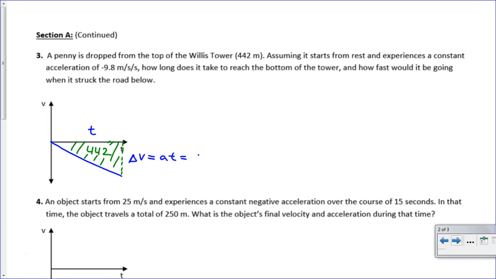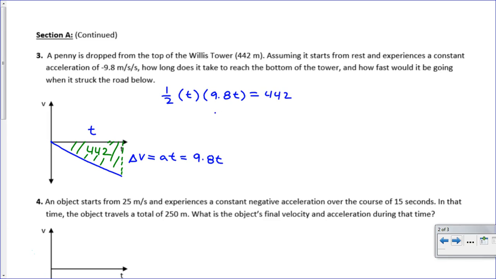And so we get 9.8 t. All right, and so I've got a triangle here that now has sides of t and 9.8 t, and it has an area of 442. So I know half base times height, 1/2 times t times 9.8 t equals 442.